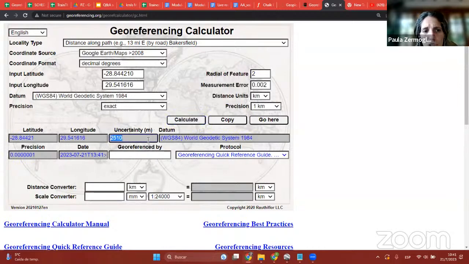We see that the uncertainty goes from 900 to 2,500. If the radius was much smaller, let's say 0.01 kilometers, the uncertainty goes down from 900 to 500. So that is correct. The radial is what is most contributing to this uncertainty value.